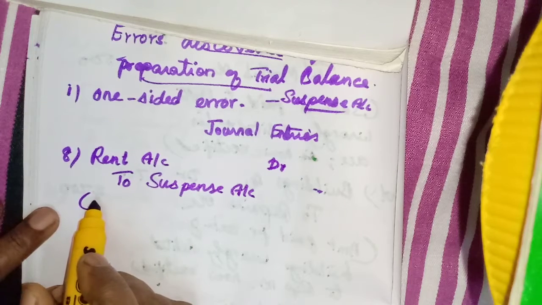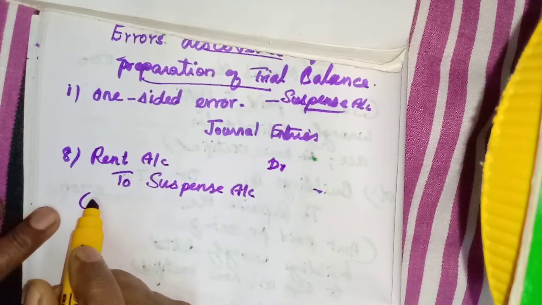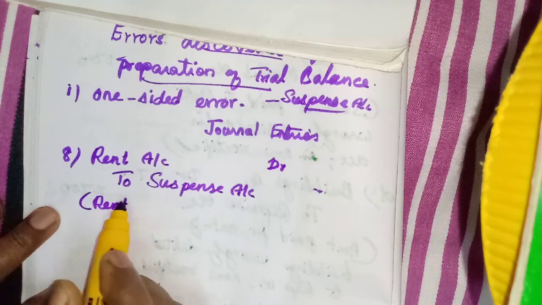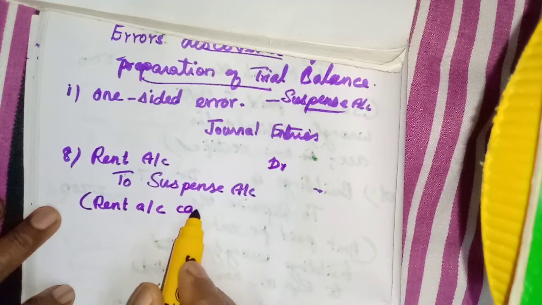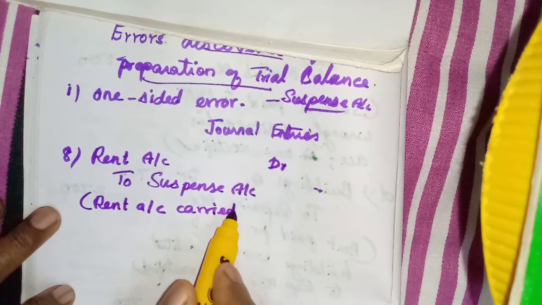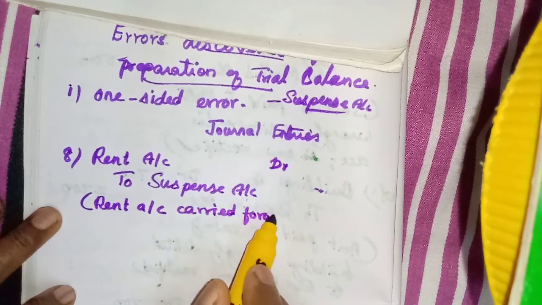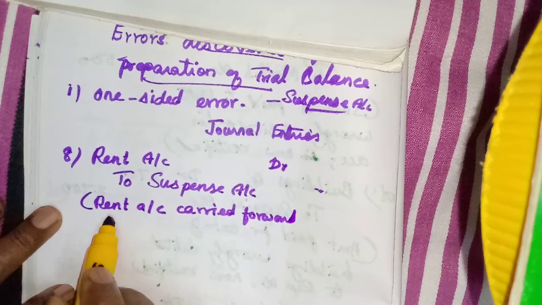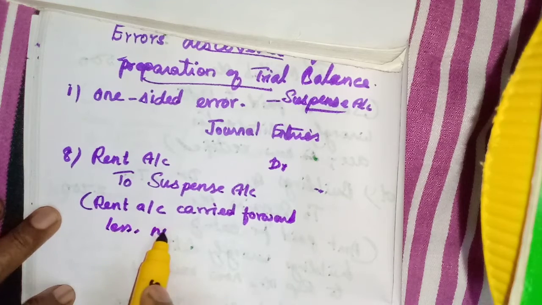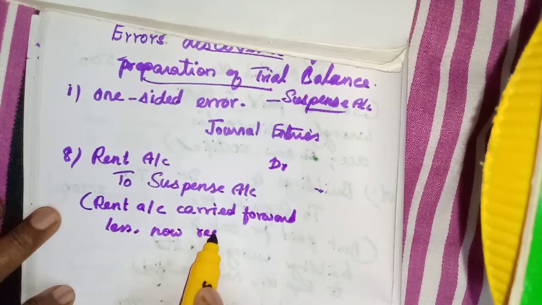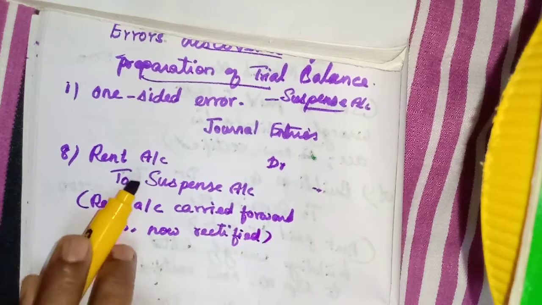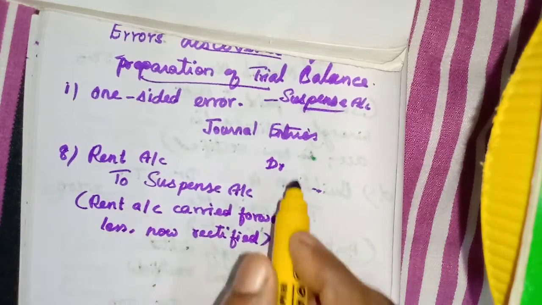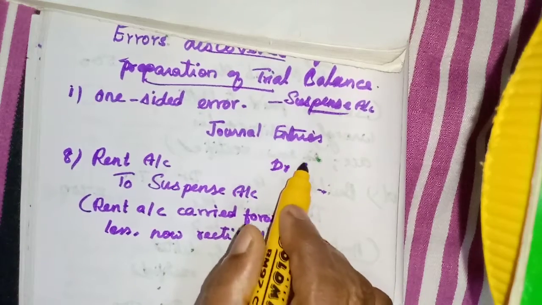Rent account carried forward less, now rectified. For each and every transaction we should prepare the journal entry and write it with narration. Amount is 500.